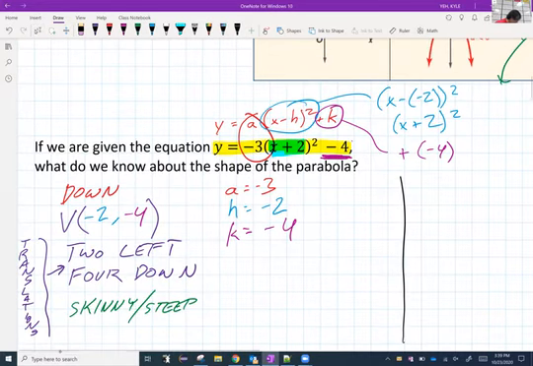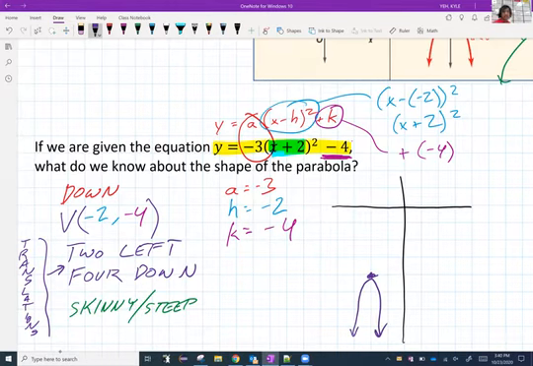I should have drawn this higher, excuse me, I'll fix that. 2 left, 4 down. So that's my vertex. 1, 2, 1, 2, 3, 4. That's how it was translated from the origin. And I know it's facing down, and I know it's going to be pretty steep because it was that -3 for the a. Something like that. It's not going to be a wide one at all.